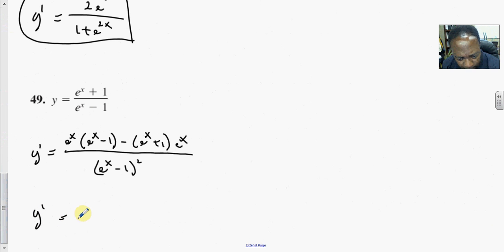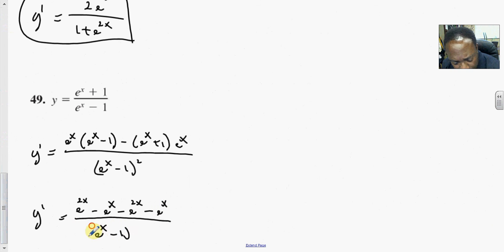So y prime, this is e to the 2x, would cancel out with minus e to the 2x. You see it there. Minus e to the x. This is minus e to the 2x minus e to the x all over e to the x minus 1 to the second.